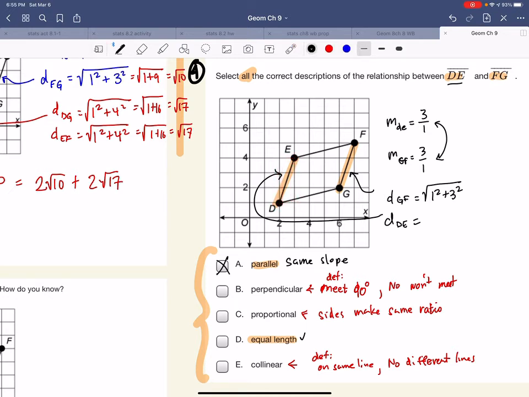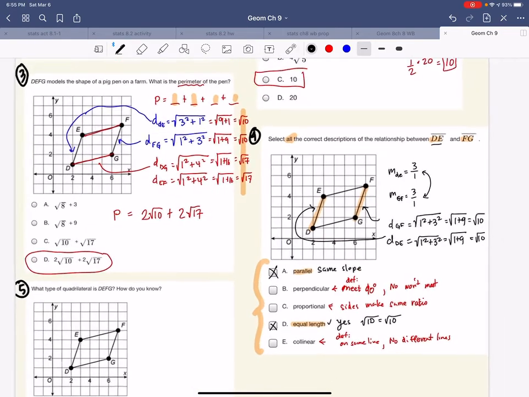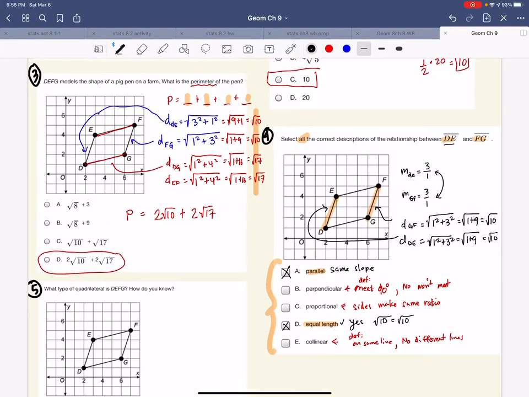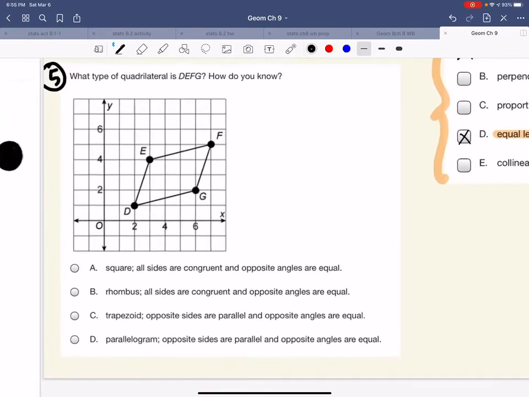It won't matter. So that's what I get, and it looks like they are equal lengths, that would be yes, because they're both equal to the square root of 10. Nice work, guys.